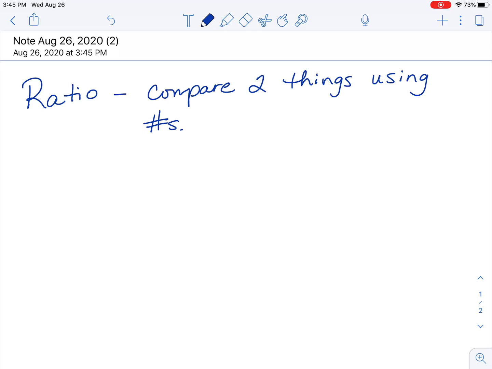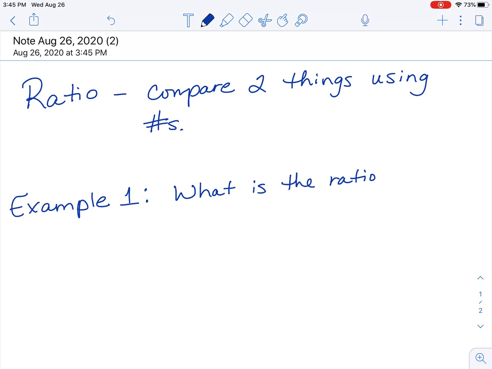All right. So here's our first example. I said, what is the ratio of circles to triangles? So then I did this.